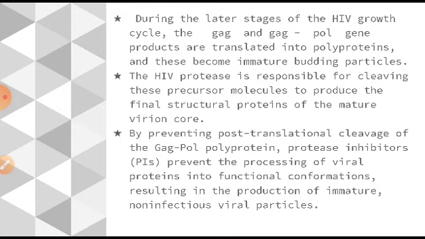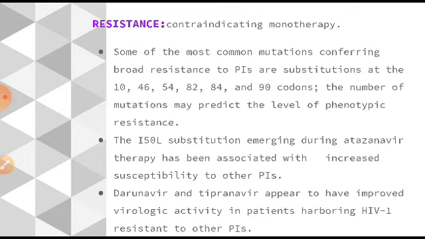And then immature particles will definitely die soon. So I hope you understood the mechanism here. The large viral polyprotein synthesized in the infected cell is broken into various functional components by the protease enzyme, and this protease enzyme is going to be inhibited by the protease inhibitor drugs.